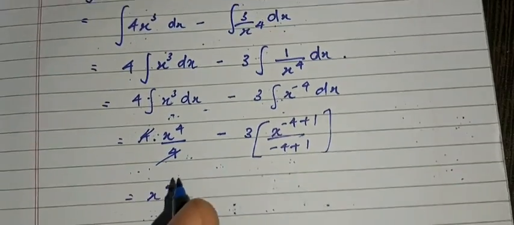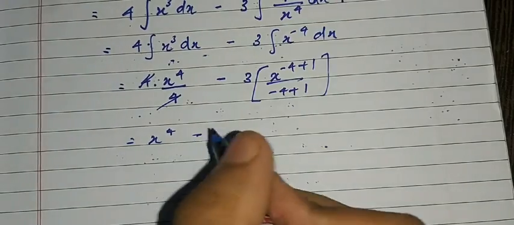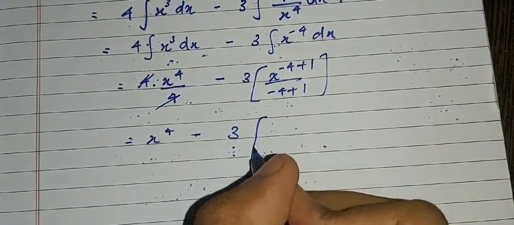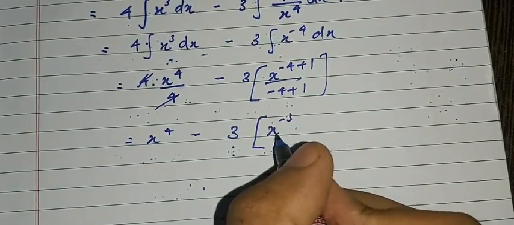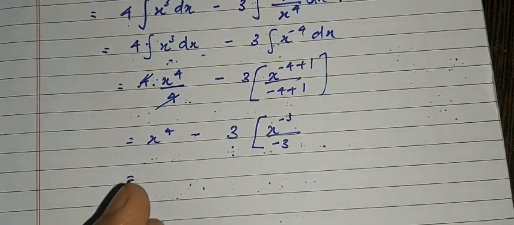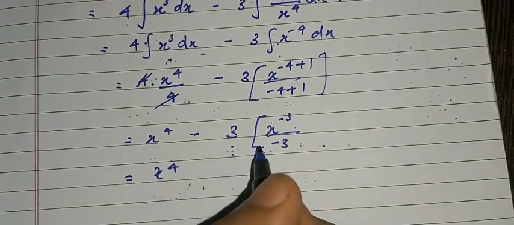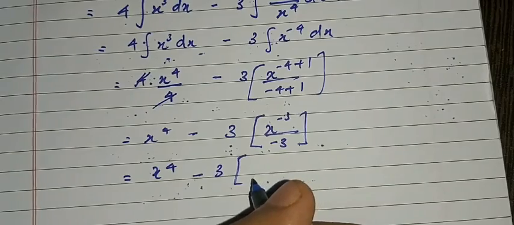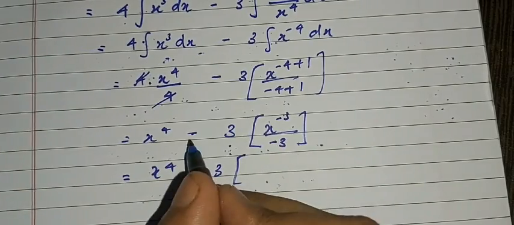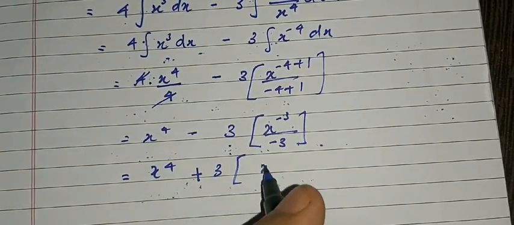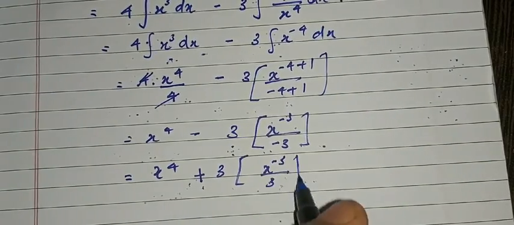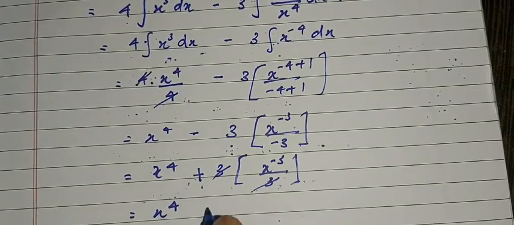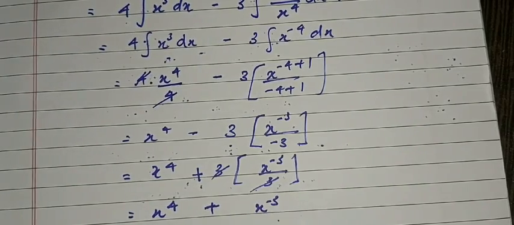Minus 4 plus 1 is minus 3, so we get x raised to minus 3 over minus 3. The minus can be taken outside, so it will be plus x raised to minus 3 by 3, and this 3 and this 3 get cancelled off, so x raised to 4 plus x raised to minus 3.